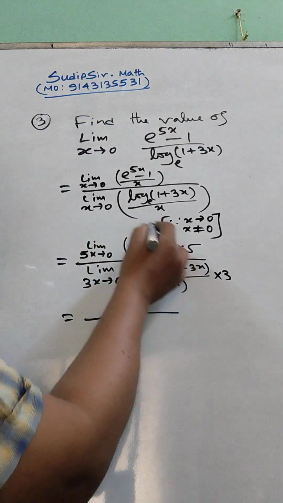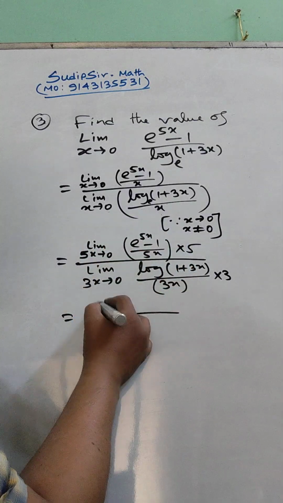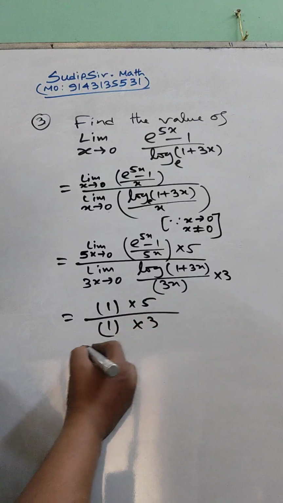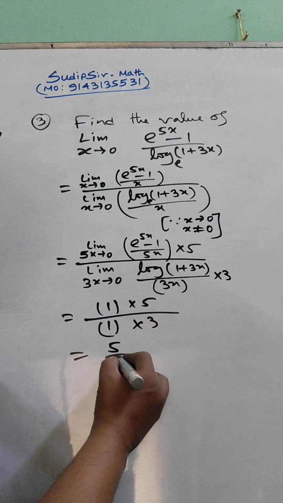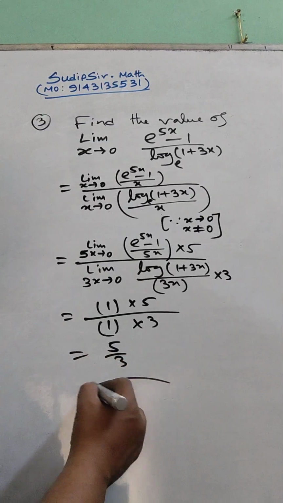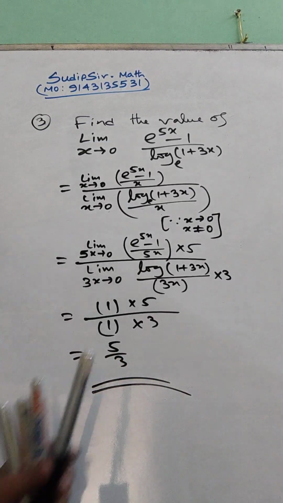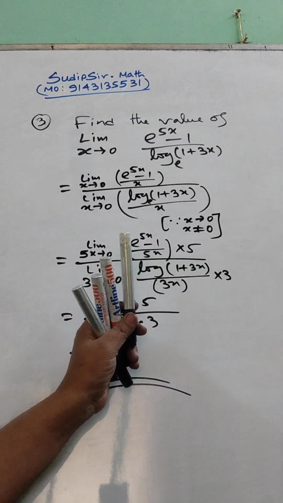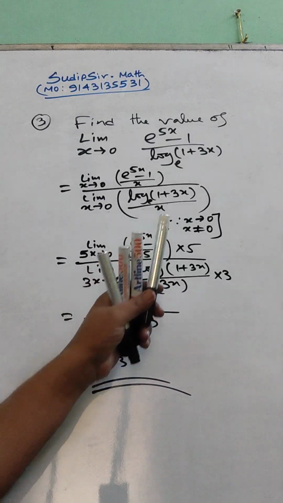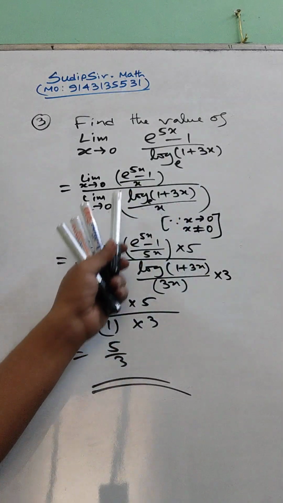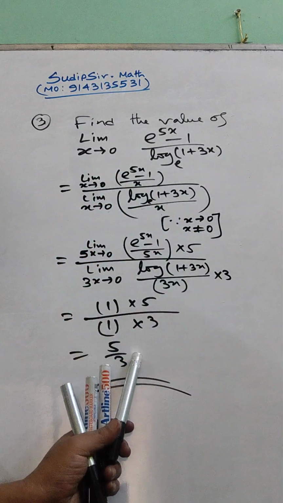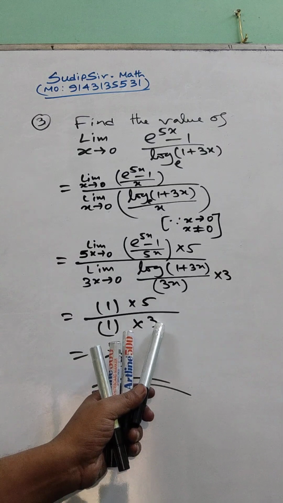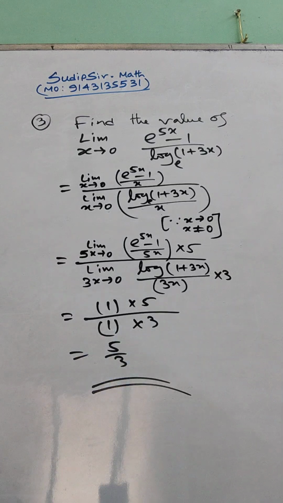That's why you can put the standard limit 1 into 5. This is 1 into 3. So your answer will be 5 by 3. So check this. Standard limit of this will be 5 by 3, and this is 5 and this becomes 3. Okay.